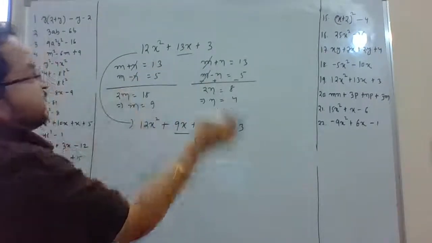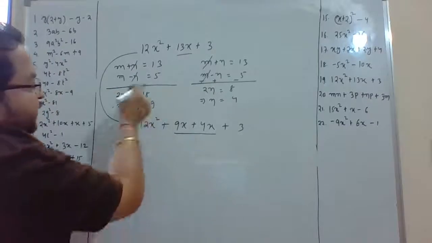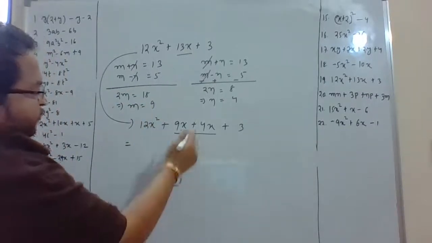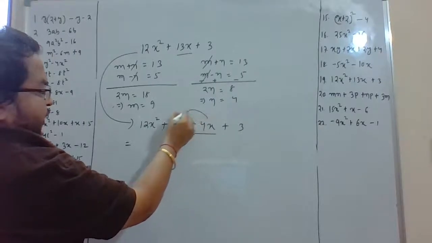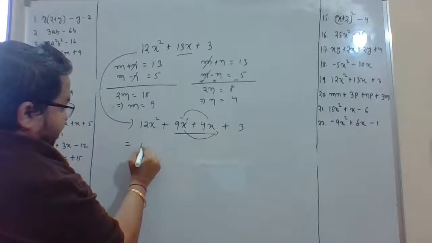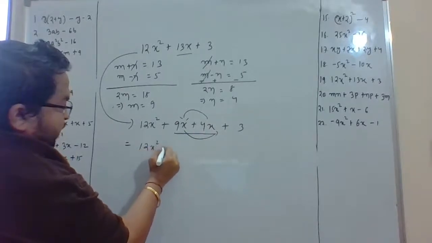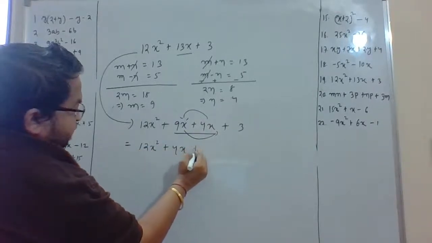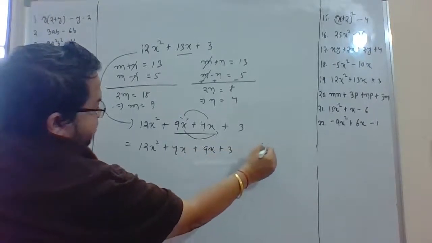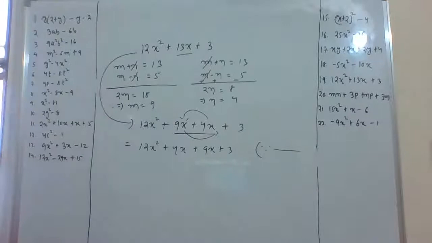We are only expressing it in the right way so that we can factorize it, right? So I'll just do a bit of reshuffling. I'll take 4x here and I'll take 9x here. So I'll rewrite it as 12x squared plus 4x plus 9x plus 3, because addition is associative by nature.